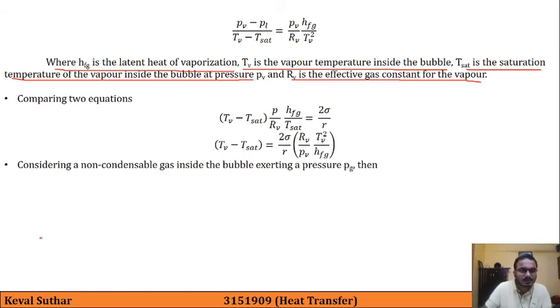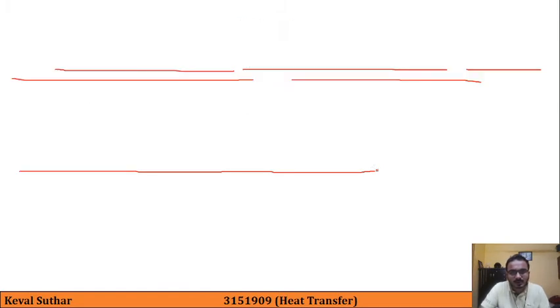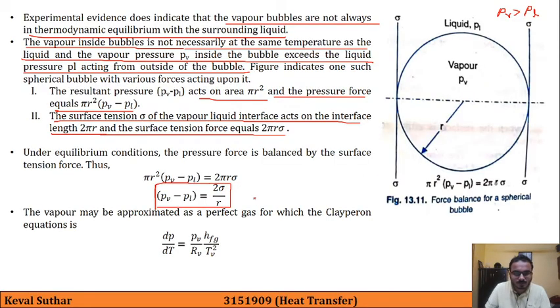Now let us say that a non-condensable gas is present inside the bubble. Considering a non-condensable gas inside the bubble exerting pressure Pg, the previous formula that we saw will be slightly modified.